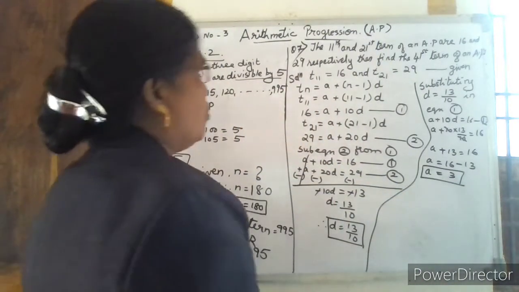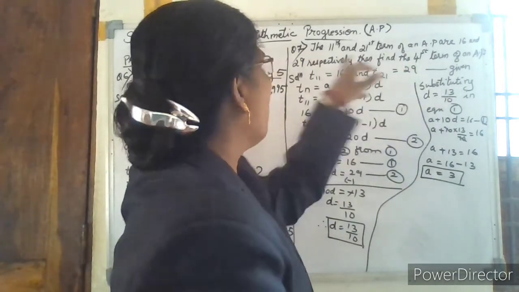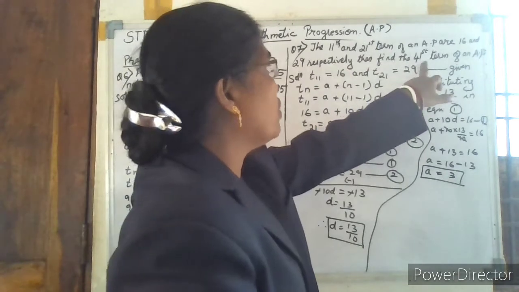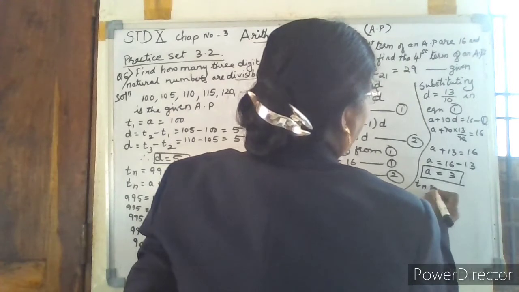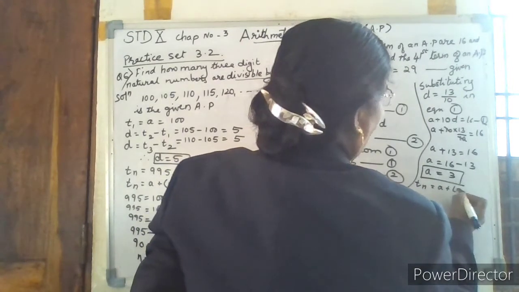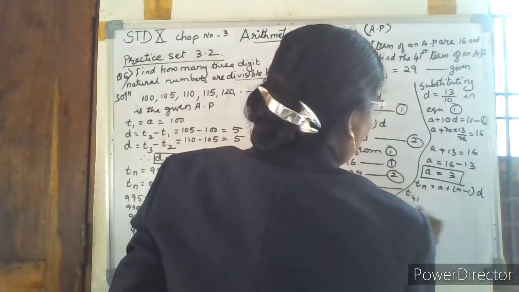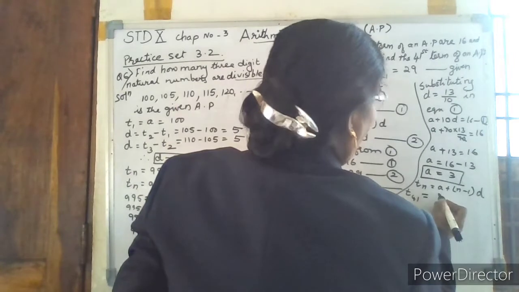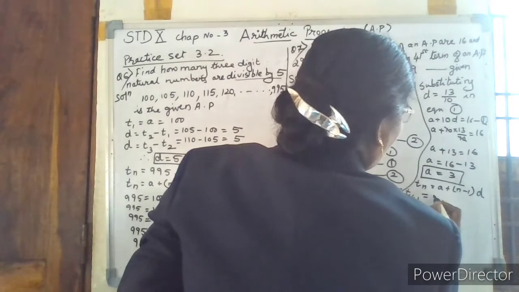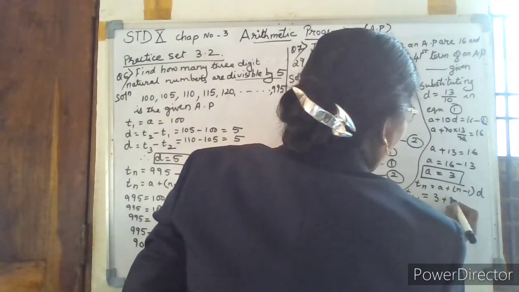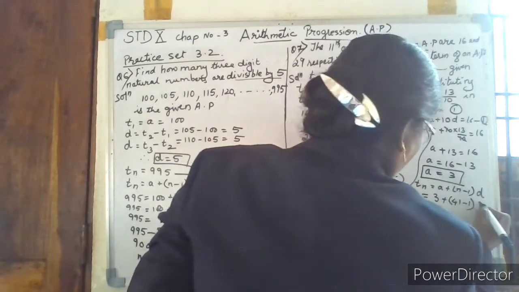So when we have the a value and d value, we can naturally find what is given, the 41st term of an AP. Again take the nth term formula, a plus n minus 1 into d. So the 41st term is equal to the a value 3 plus n is here 41 minus 1 into the d value 13 by 10.